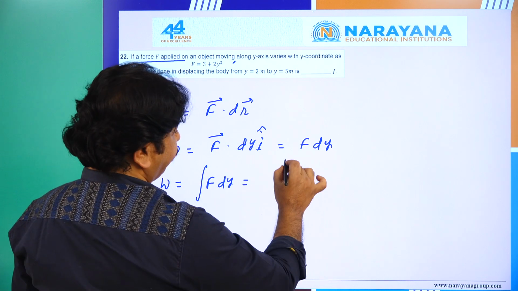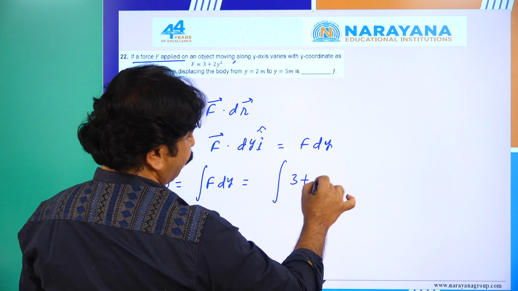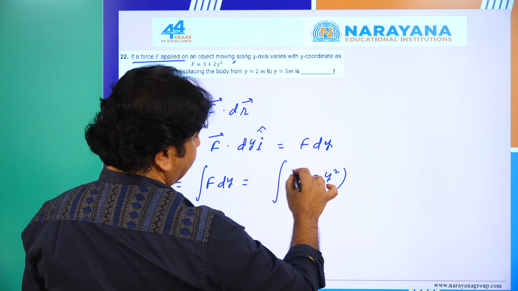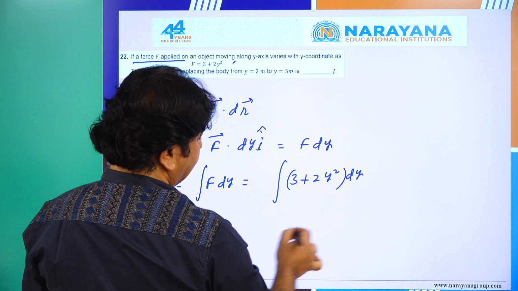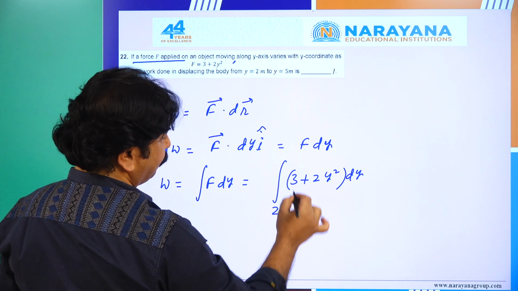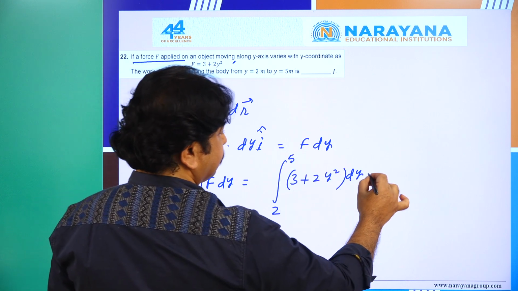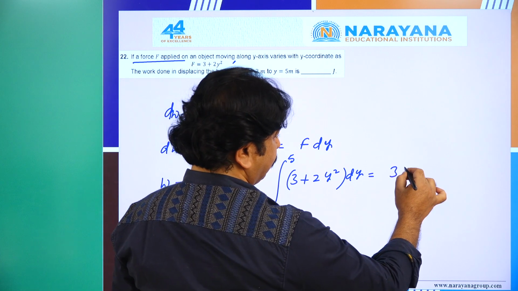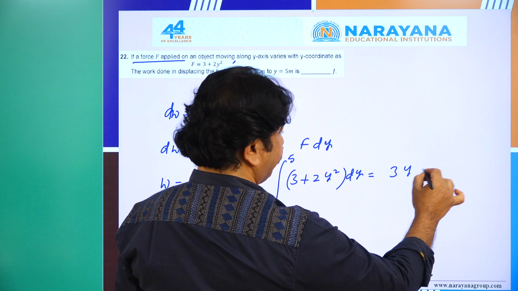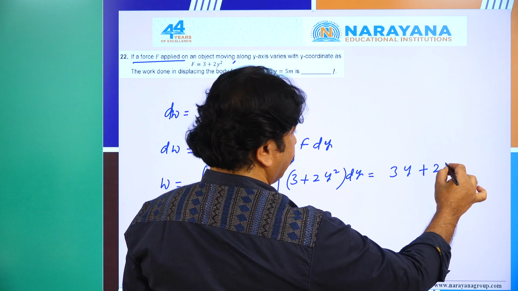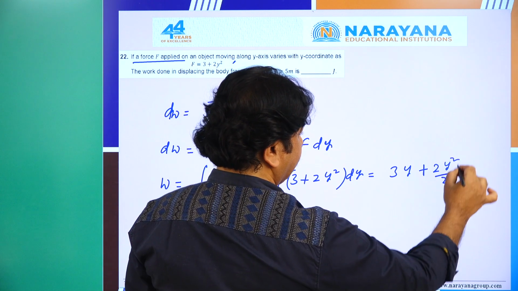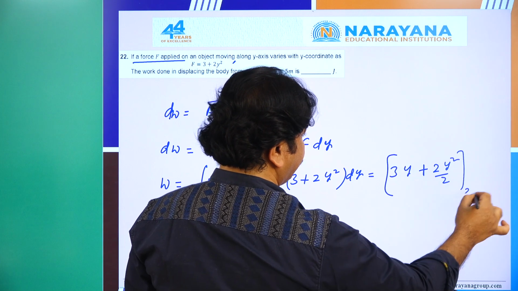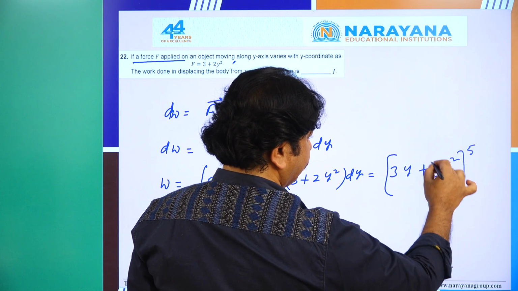So the integral of 3 plus 2y square dy, with limits already given as 2 to 5. The integration of this is 3y plus 2y cube by 3... substituting the limits 2 to 5, the 2 gets cancelled.